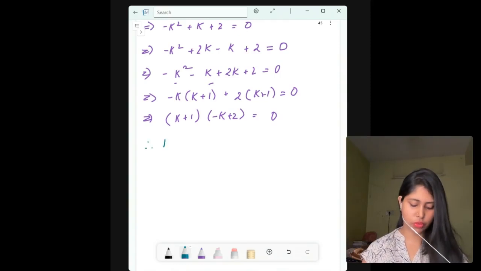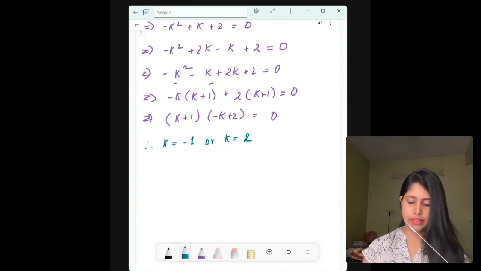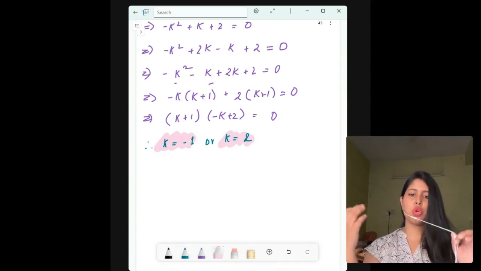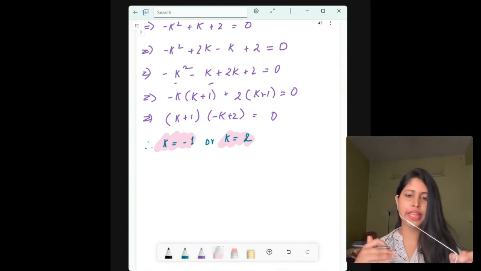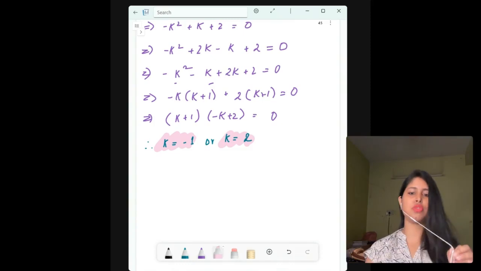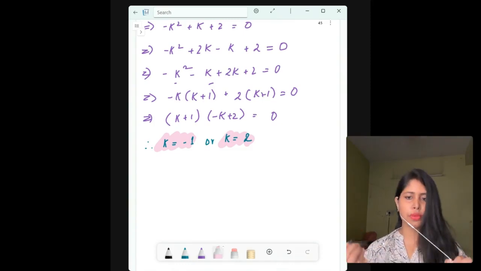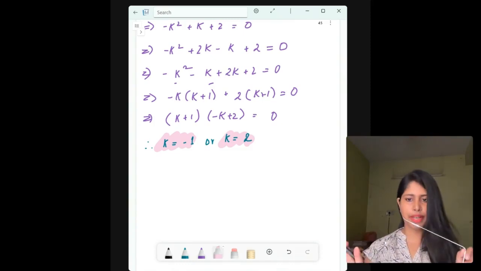Therefore K is equal to minus 1 or K is equal to 2. This is the solution of K. We need to find K only, right? So these are the two values for which the set is linearly dependent.